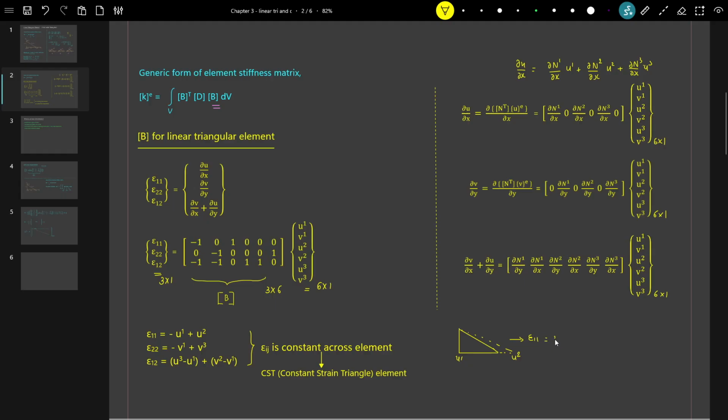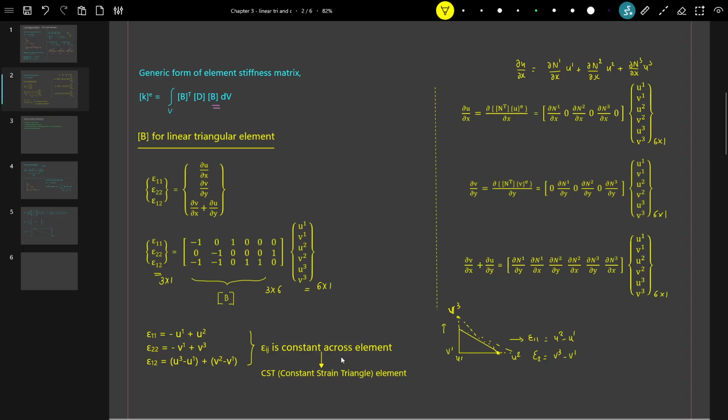So epsilon 1 1 is u2 minus u1. Similarly, epsilon 2 2, which is strain in the y direction, this is displacement in the y direction v3, and this is v1. So epsilon 2 2 is v3 minus v1.